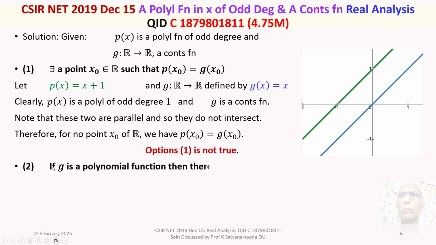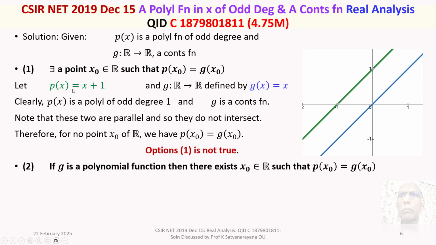This time, g is a polynomial instead of just a continuous function. Then does there exist x0 belongs to R such that p of x0 is equal to g of x0? In the above example, g of x is equal to x is continuous, and it's also a polynomial, since every polynomial is a continuous function.